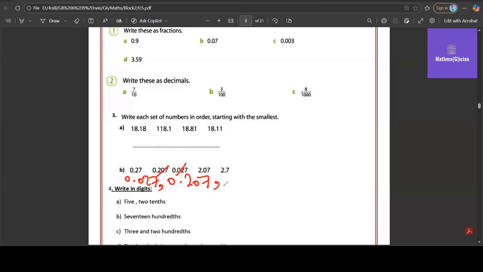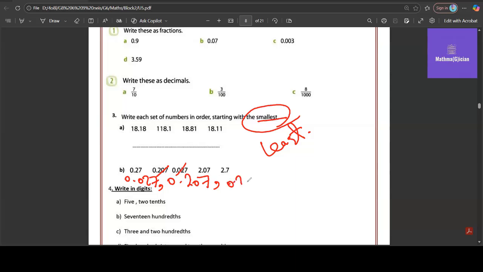You say from the greatest, no, you say smallest, from the greatest and from the least. Least. Okay. The next number will be 0.27.